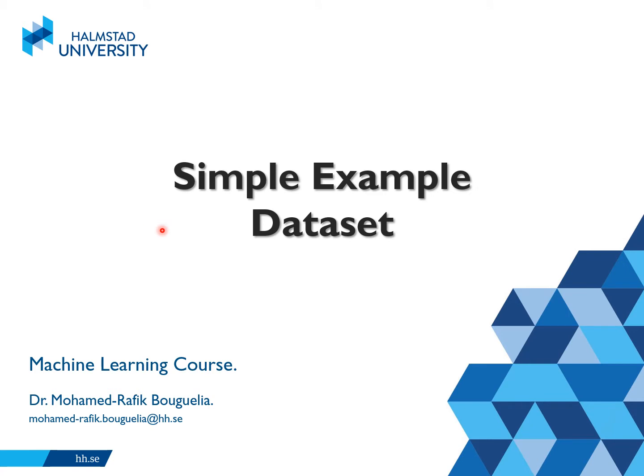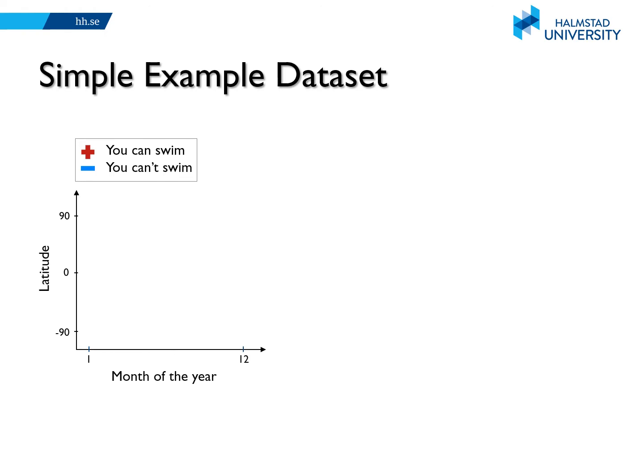Let's start by defining a simple dataset that we will use as an example in this lecture. Suppose that we want to collect data in order to predict if one can swim or not, depending on two features. The first one is the time of the year, basically the month of the year, so from 1 to 12. And the second feature is the latitude.